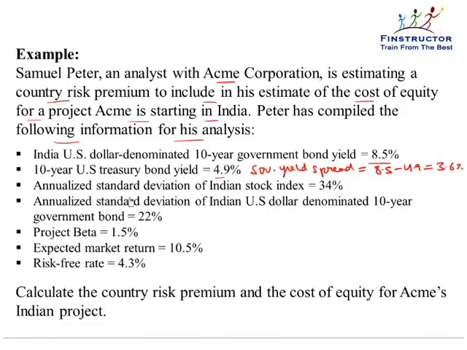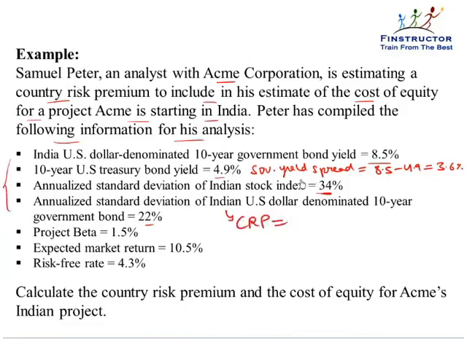The annualized standard deviation of the Indian stock index is 34%, and the annualized standard deviation of the Indian US dollar denominated 10-year government bond is 22%. So with the information in the first 4 points, can we compute the country risk premium?